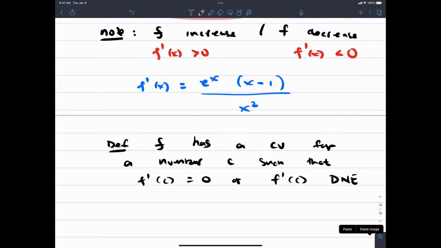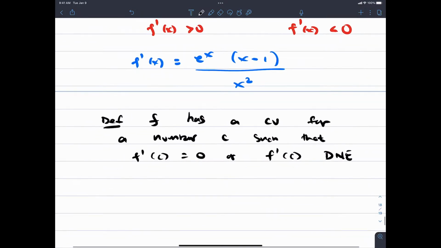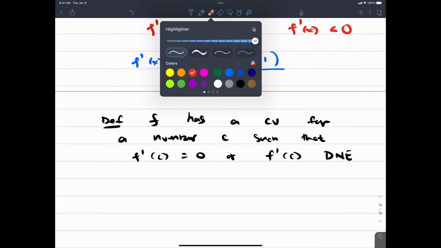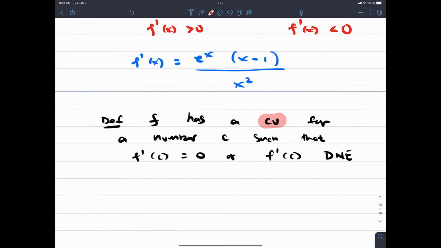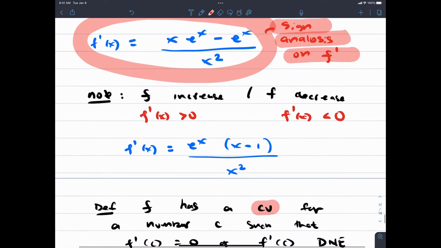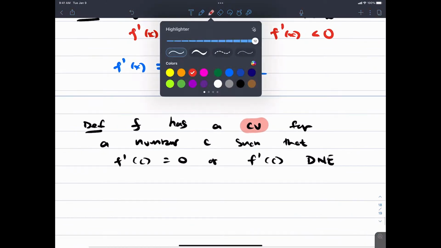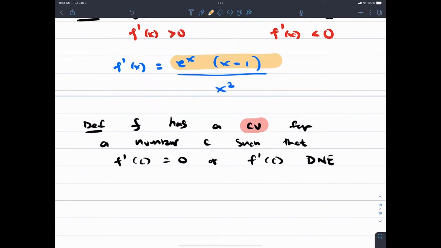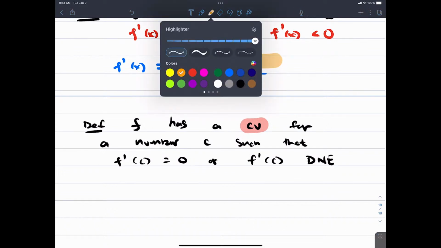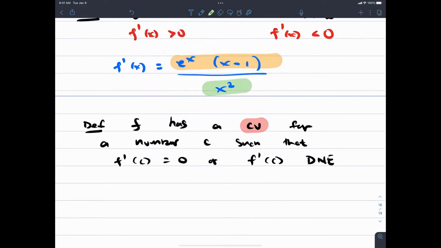You guys remember this? That's the definition of that critical value. It's associated again with all of these things we're trying to do. So yes, you're going to have to set that numerator equal to 0, and you're going to have to set the denominator equal to 0. Is that true? You guys know what I'm saying?